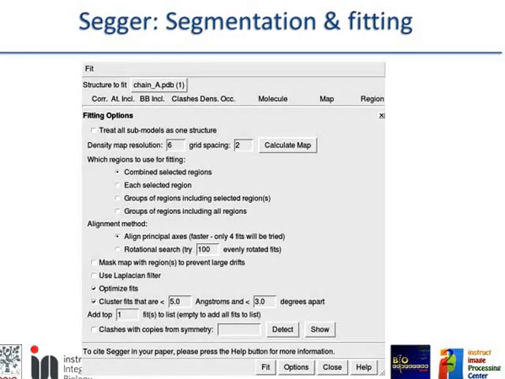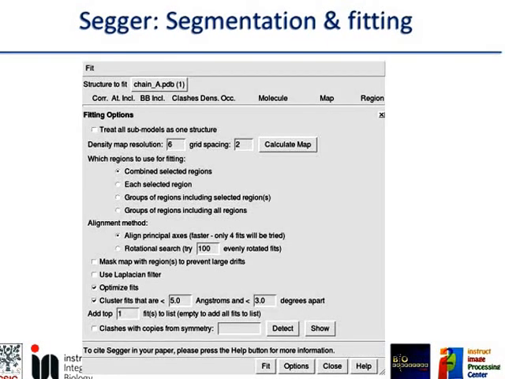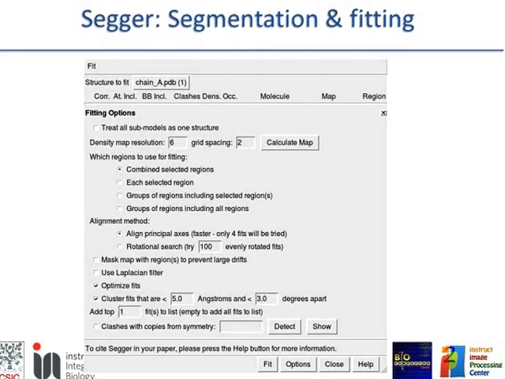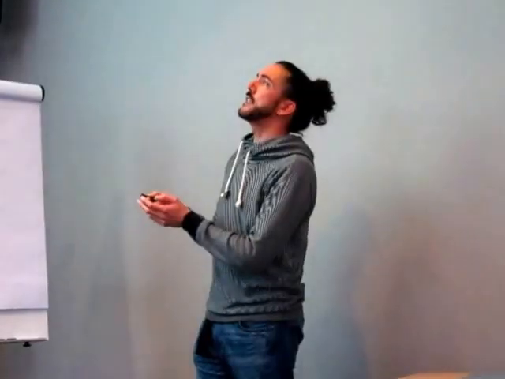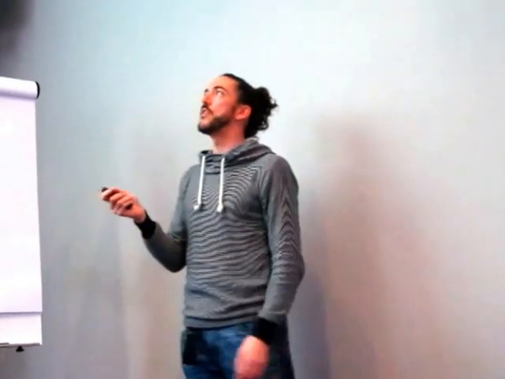Well, these treat all submodels as one structure. It is because in your PDB, if you have more than one model, you can ask Segura to consider all these models as the same structure. Density map resolution and grid spacing: this is the same because Segura is also transforming the structures into density maps, and this number should be the same as your volume.